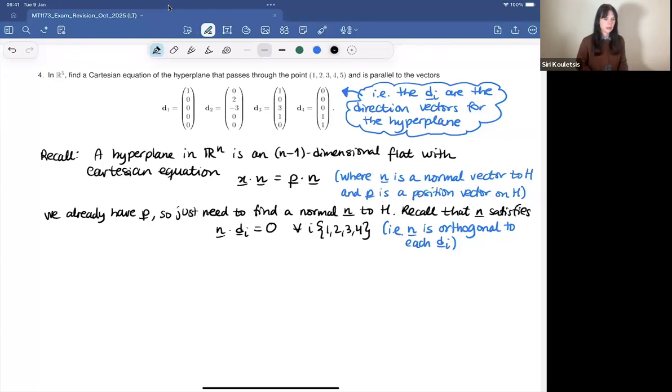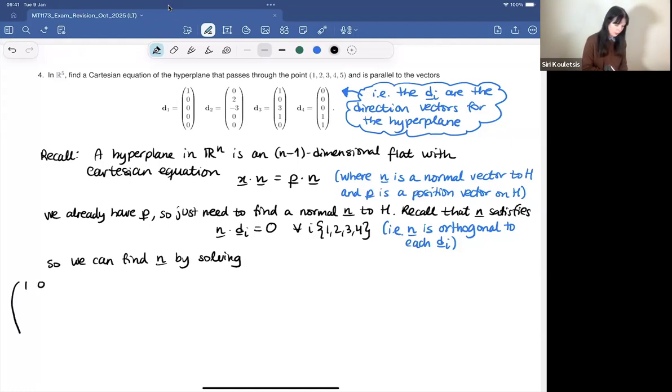And now we can use a matrix method to find them.